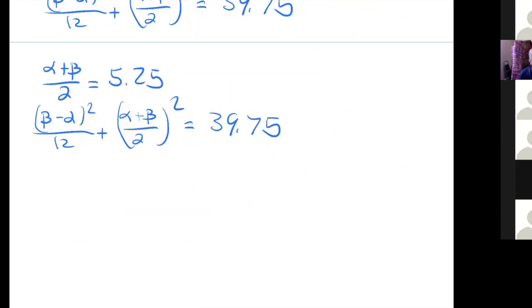Okay, well, thank you for getting those suggestions in. Yes, so we can take a similar approach to the previous one. We know that alpha plus beta over 2 is 5.25, so we can just plug that into the resulting equation.